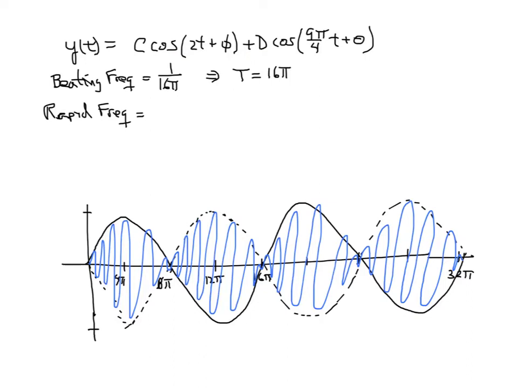And we have already computed the beating frequency is 1 over 16 pi, and the rapid response frequency was 17 over 16 pi, and that implied that its period was 16 pi over 17.